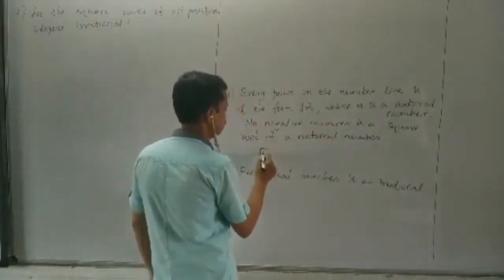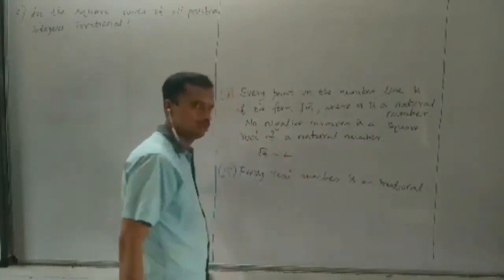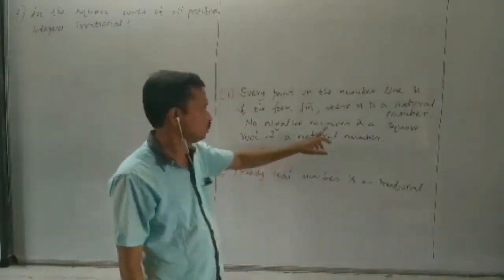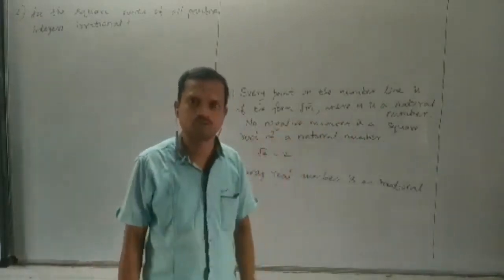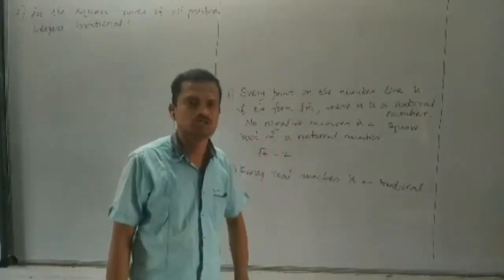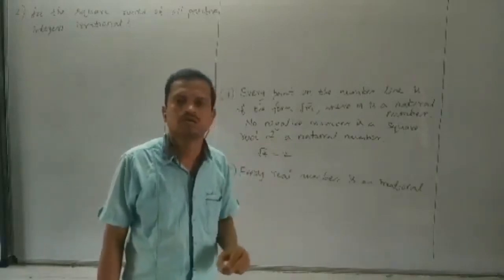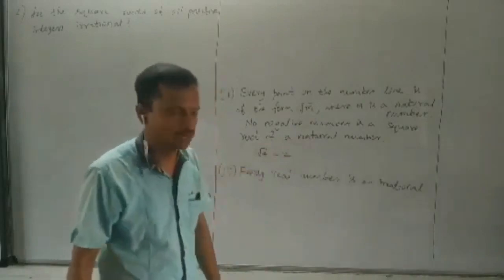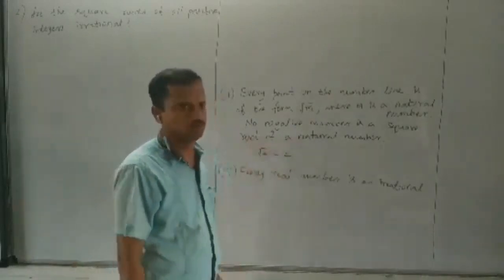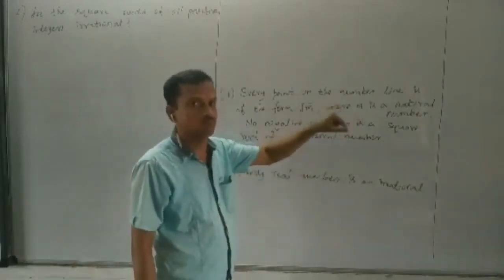For example, root 4, you get 2. Don't say minus 2 because m is a natural number. Natural number means only positive number. If you take square root of a positive number, you should not put the negative value for the square root. So minus 2 you should not put because m is natural, a positive number.